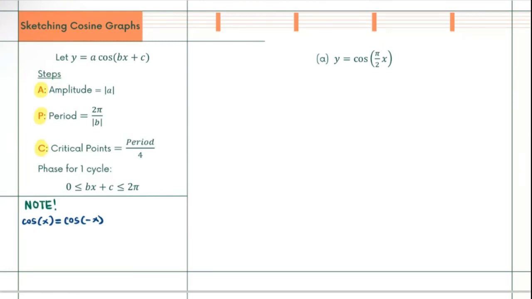So the shape of cos x equals cos of negative x. How is the shape? Like this, a bowl shape.